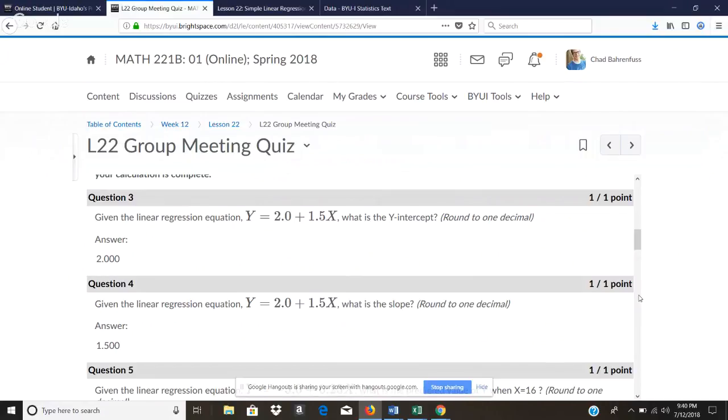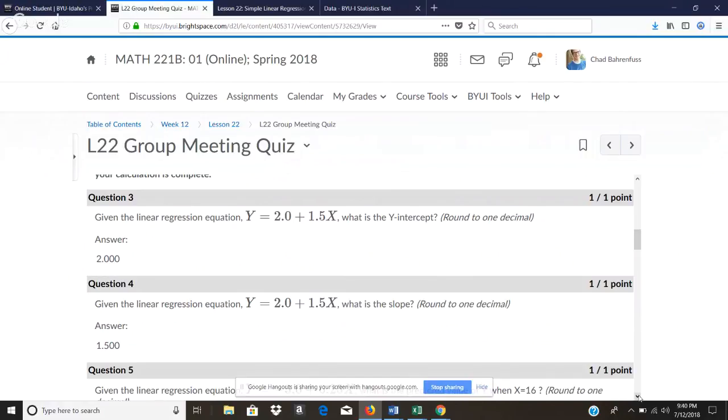In algebra, the y-intercept would actually be the 1.5, and the slope would be 2.0. But in statistics, you just have to memorize that b subscript 0 is the y-intercept, and b subscript 1 times x is the slope. You just have to memorize the equation like that.